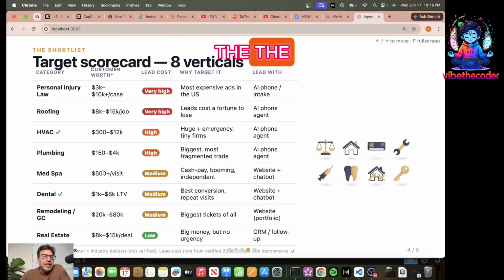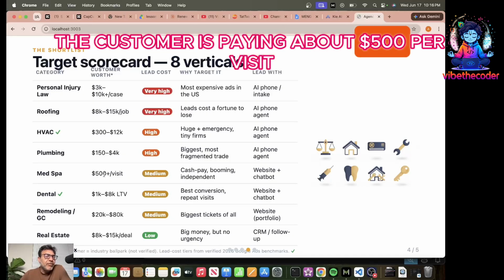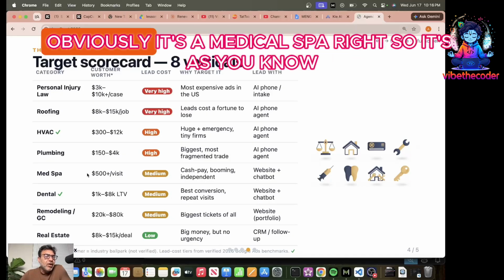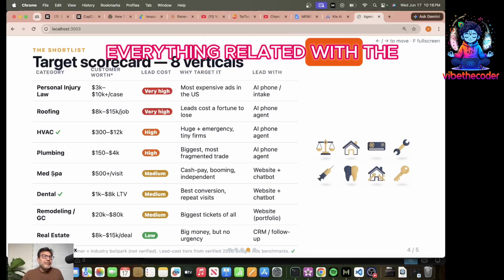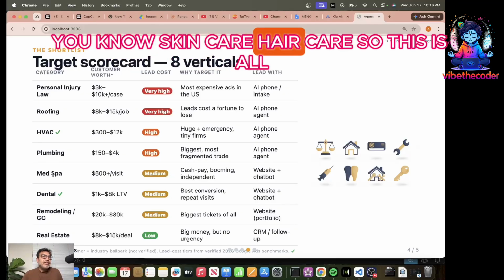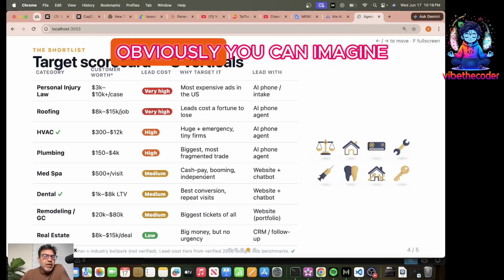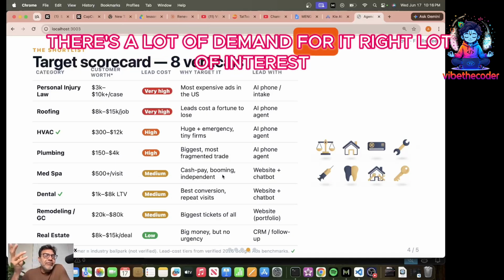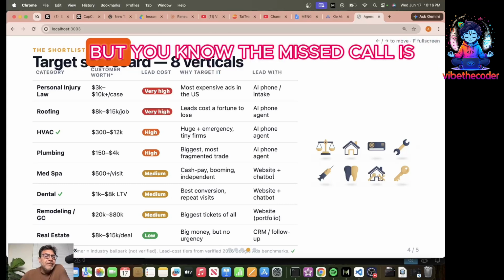Med spa is the newer industry. Obviously the customer is paying about $500 per visit, and it's a medical spa, so it's everything related to skin care, hair care. This is all the latest, so you can imagine there's a lot of demand and a lot of interest. But the missed call is not the key here.